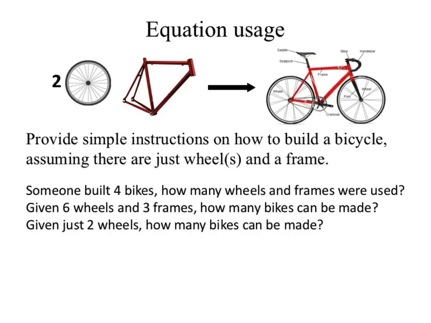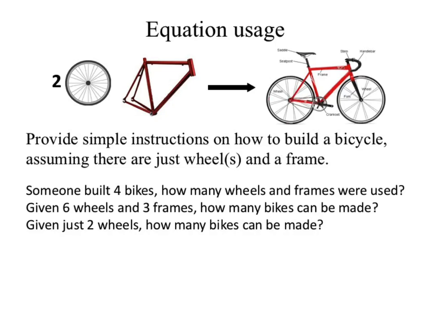Okay? This is where reading the question very carefully comes into play. It says, given just 2 wheels, how many bikes can be made? The reason why I put this one on here is that we tend to phrase chemistry questions like that, where the answer we're fishing for is 1. Okay? So we have to be careful with the phrasing of our chemistry questions.